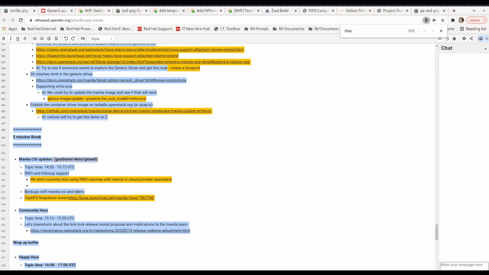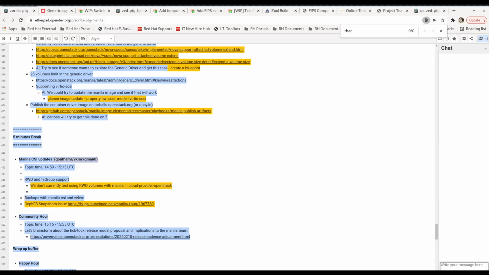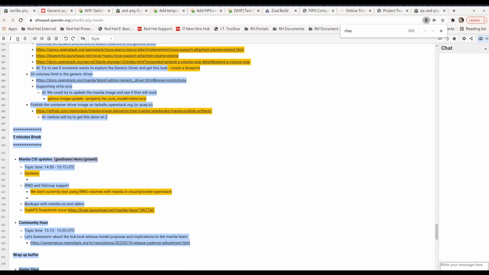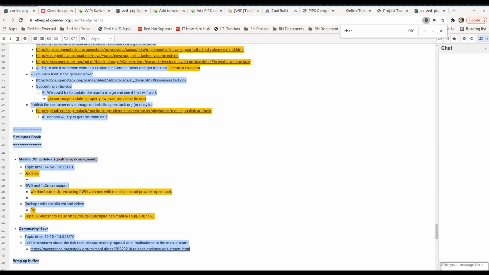So the current state is we need a way to expose snapshots as volumes. So for CephFS, which is the file system that we are mainly focused on, at least in my team, this would involve mounting the parent share of the snapshot, finding the snapshot root, and then exposing that directory to workloads.